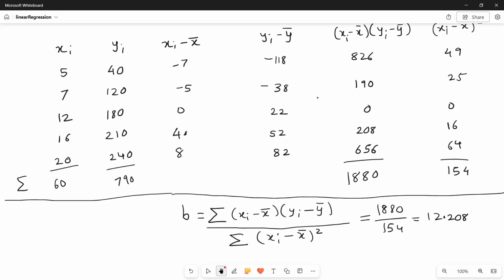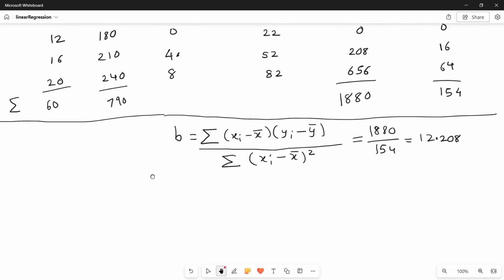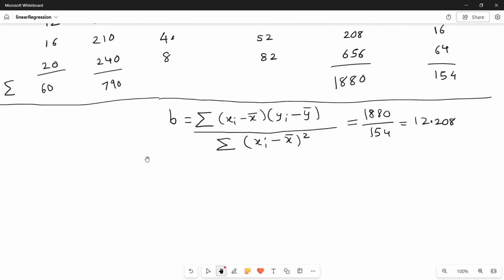Now from the coefficient b, we can calculate the coefficient a. For that we'll use the formula: a is equal to the average of y values minus b times the average of x values.